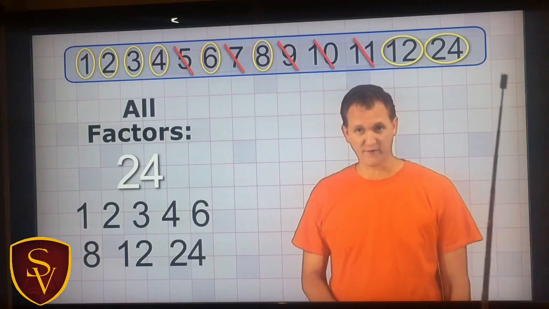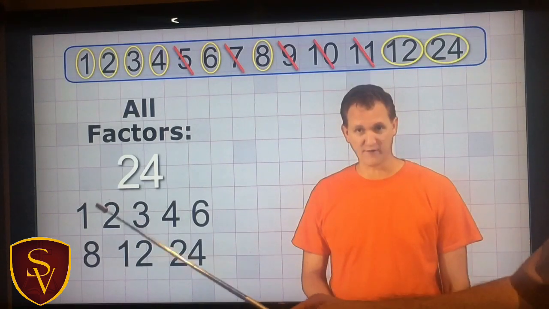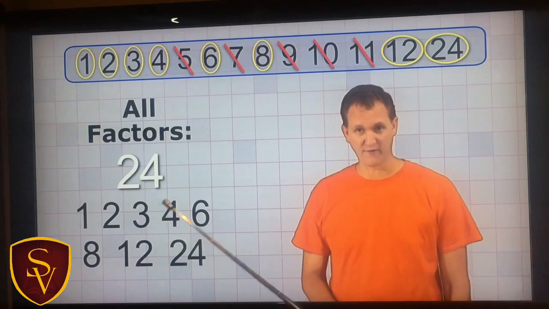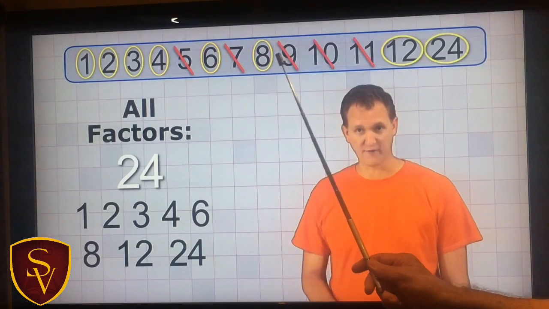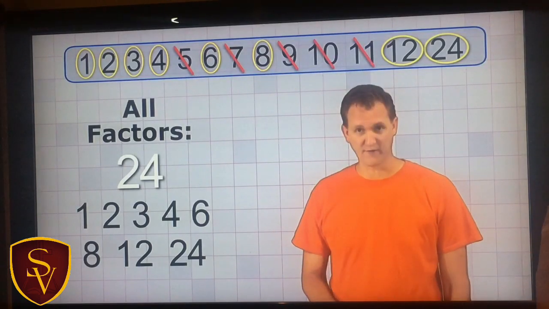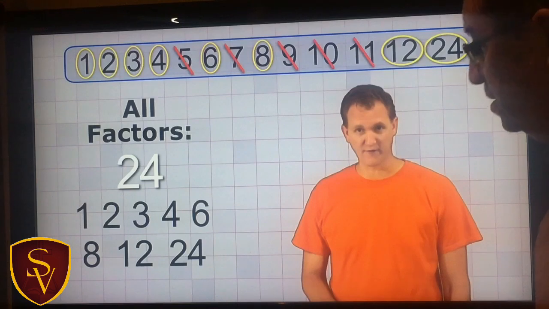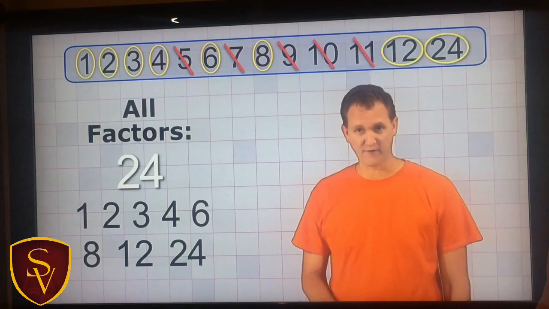But the only factors that divide 24 into whole numbers are 1, 2, 3, 4, 6, 8, 12, and 24. 5, 7, 9, 10, and 11 are not going to be the factors that we need to find for 24.